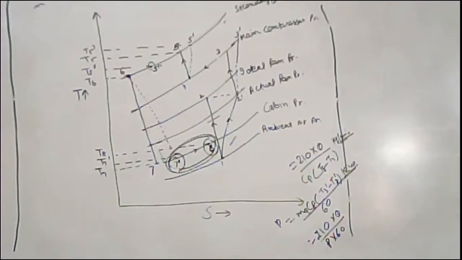So look at here in this case. Again, the reduced ambient air system includes 2 cooling turbines and 1 heat exchanger. So in this case, 2 cooling turbines are there. Look at here in this figure.